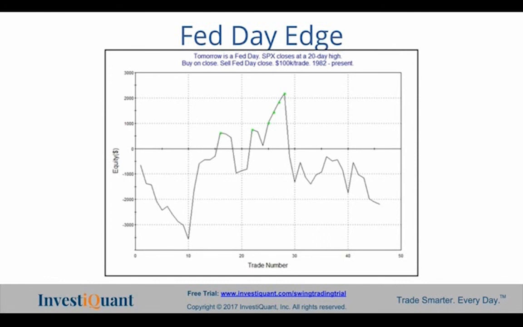So they might raise interest rates a quarter of a point, or they might lower them, or they might say they're not doing either, which is what happened yesterday. But often when they have had these meetings and policy announcements, there has been a reliable or semi-reliable bullish inclination.